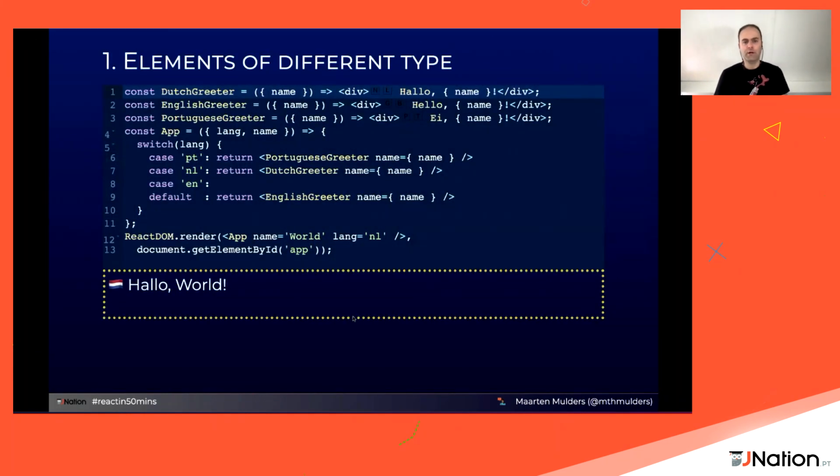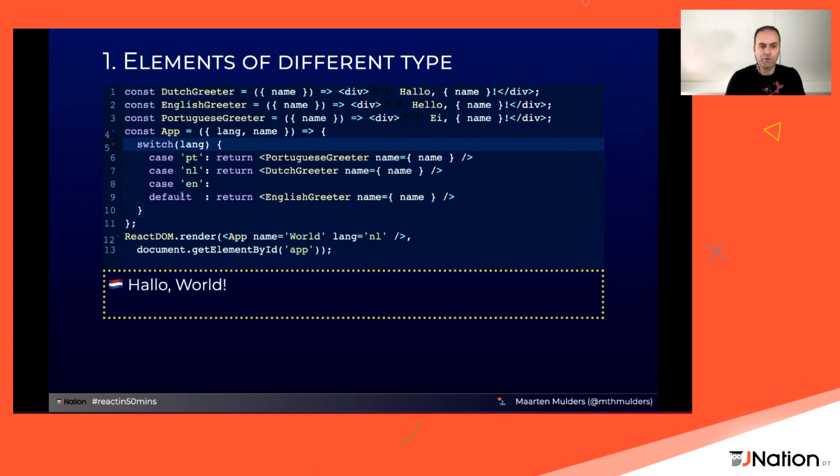So first, about the elements being of different type. It's a little bit larger example here. We have an application, and the application is defined here. It's a component, and it takes two arguments, a language and a name. Depending on the language, it will delegate to another component: a Portuguese greeter, a Dutch greeter, or an English greeter.